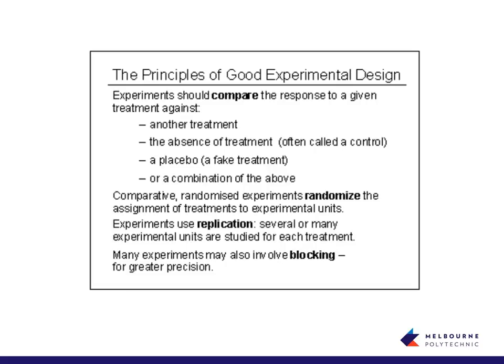But we're always seeking to compare, and we make sure that when we are setting up this comparison between a number of treatments or a single treatment and a control, making sure we always have a control, we have randomization so that any individual experimental unit is equally likely to be chosen, and we replicate. So we have numerous examples of each treatment. So then we can start getting a pattern.